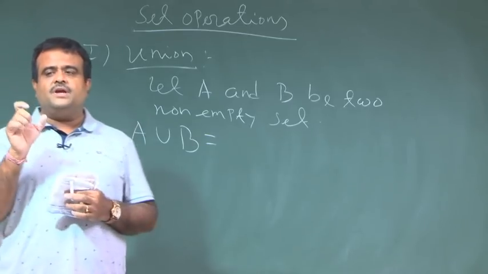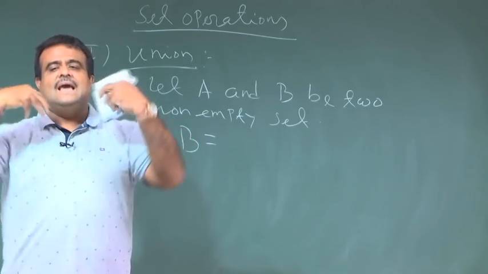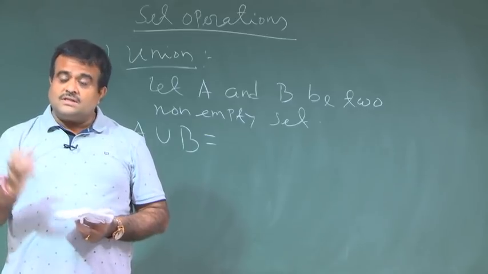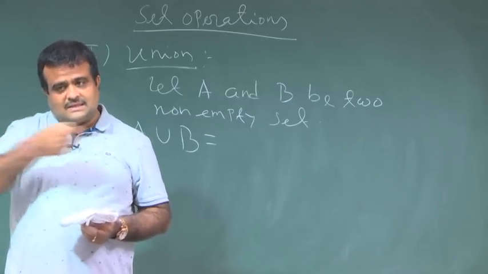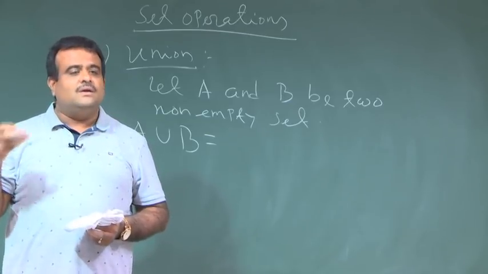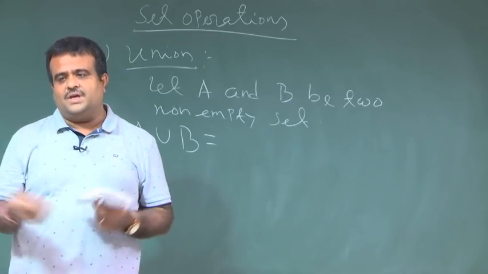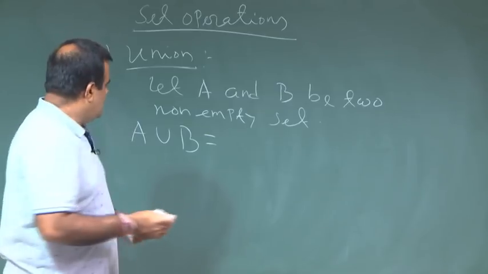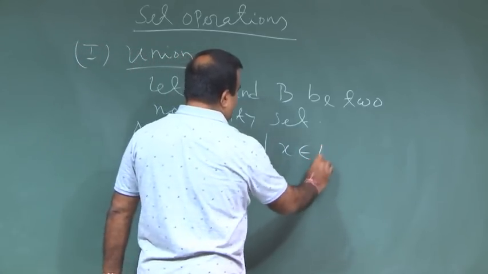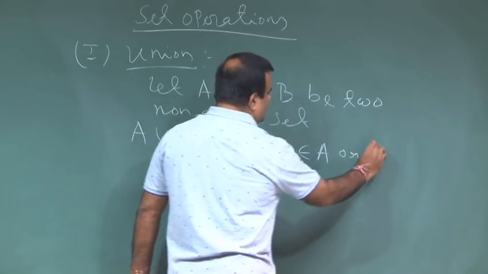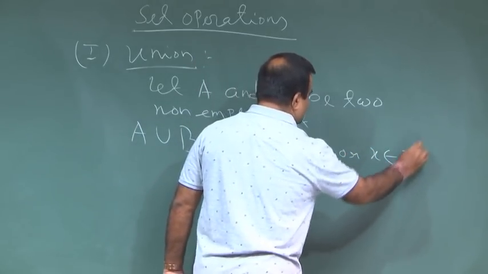When we operate union on two sets, this will give us another set. And what is the property of this set? The elements in this new set will be either from A or from B. So, it is basically the set of x such that x is from A or x is from B.